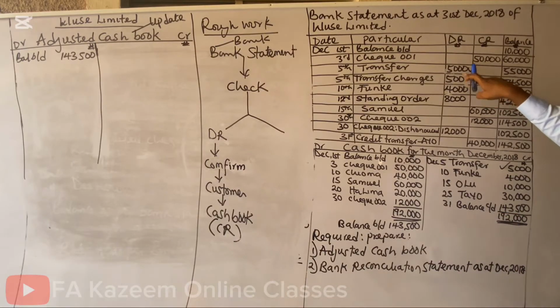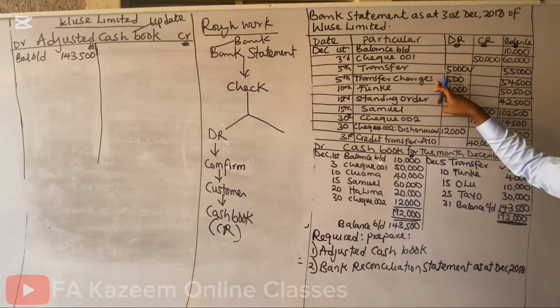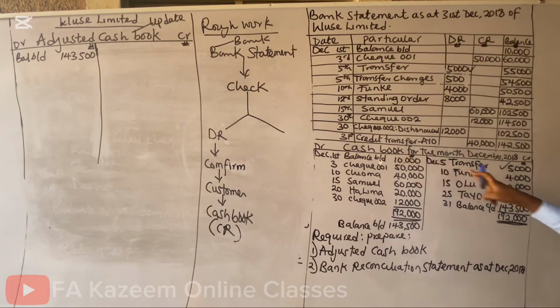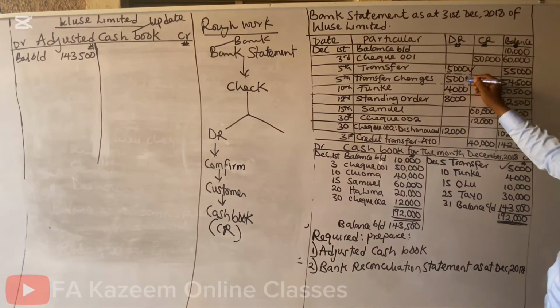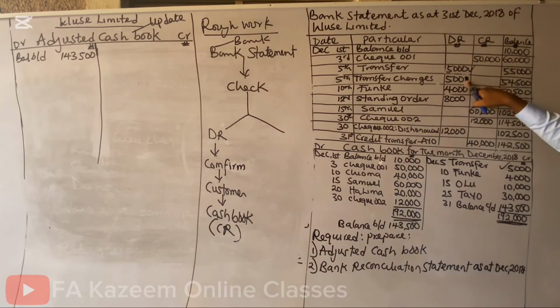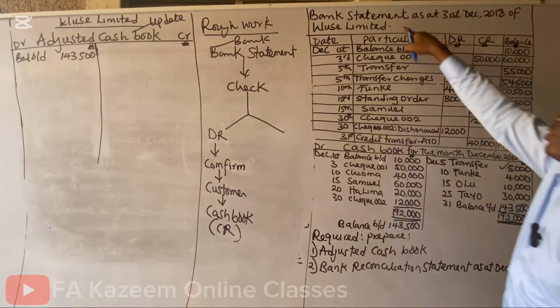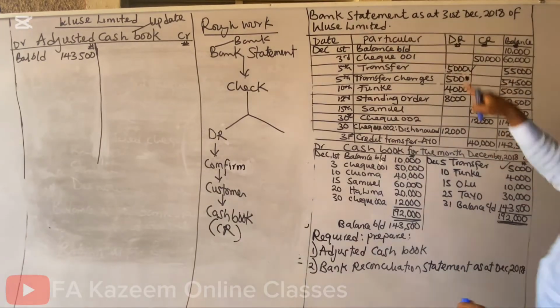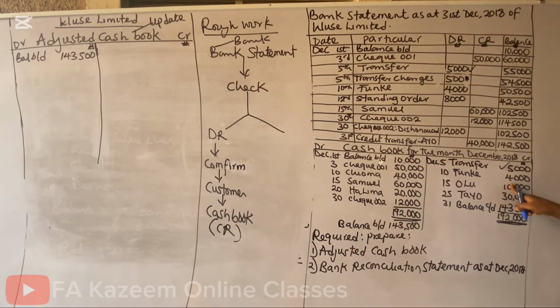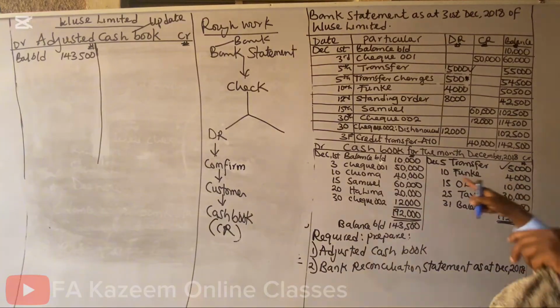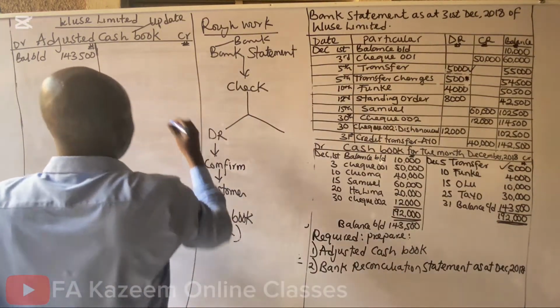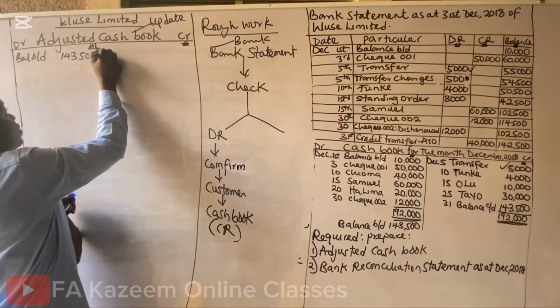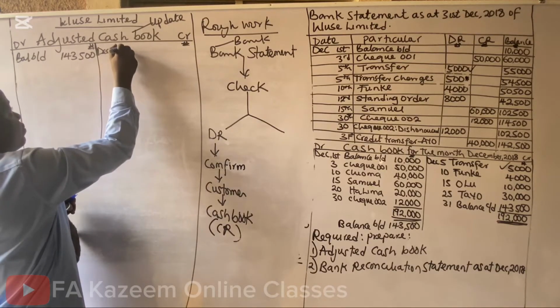What it means is that the bank recorded the charges, but the customer forgot to record the charges. You help the customer now to update. Mark this, meaning this was not recorded. The bank recorded the charges on the bank statement, but the customer did not record it on the credit side of the cash book. Help the customer to record it on December 5th.